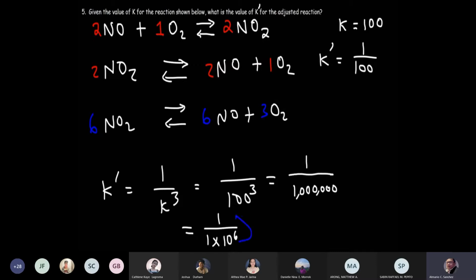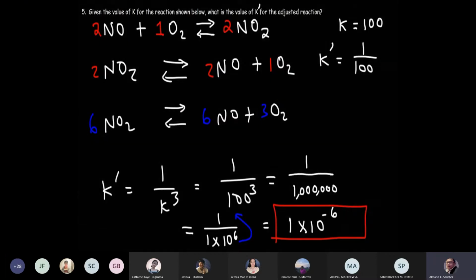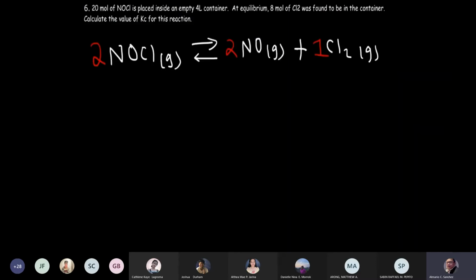If we move 10 to the 6 to the top, the exponent changes from positive 6 to negative 6. So this becomes 1 times 10 to negative 6. So that's the new K value that corresponds to this reaction. So now you know how to calculate K when the reaction is adjusted. Either you reverse it, multiply by 2, or multiply by half, and so forth.